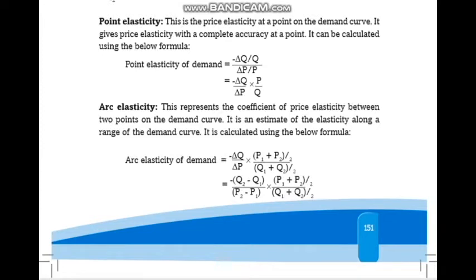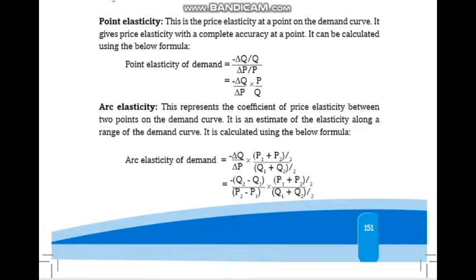It is the price elasticity at a point on the demand curve. Arc elasticity represents the coefficient of price elasticity between two points on the demand curve. It is an estimate of the elasticity along a range of the demand curve. It is calculated using the below formula.